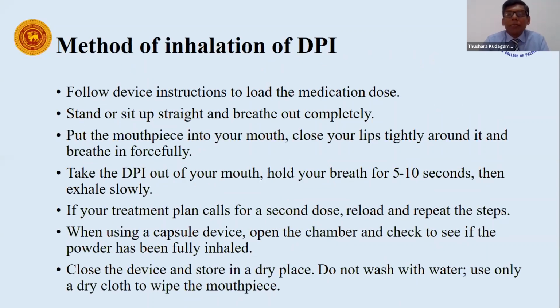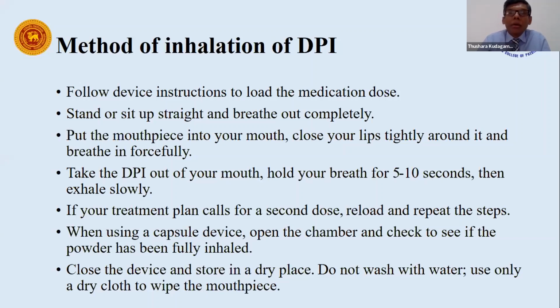So just to recap, I'm sure you all know, but see whether you have anything to add to what you already do. As I said earlier, there are different types of dry powder inhalers, so follow the manufacturer's advice on how to load the medication. You can use it standing up or seated, with the back straight.